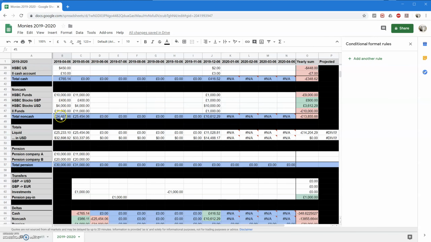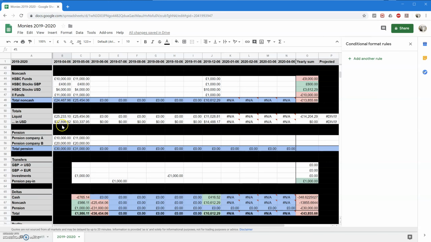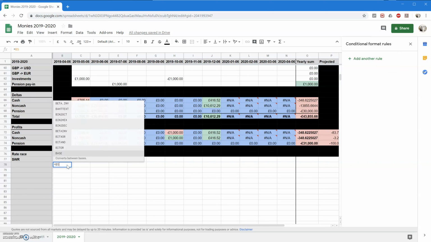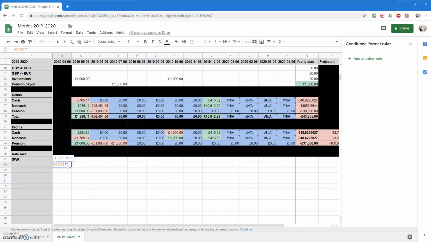And the total, let's skip pension for safe withdrawal rate reasons. So use the B51 here. So we have B51 there. This is how much I would get per year with this per month.